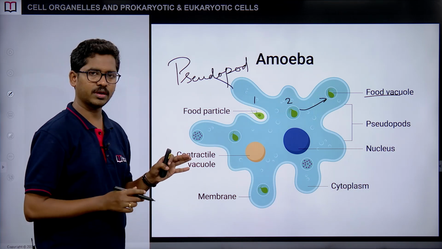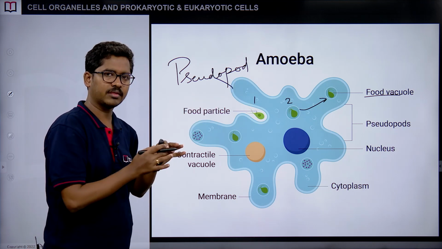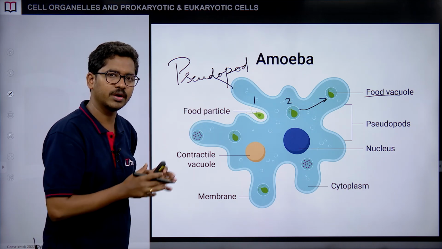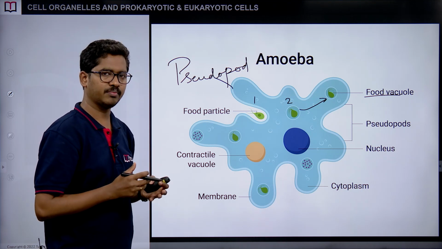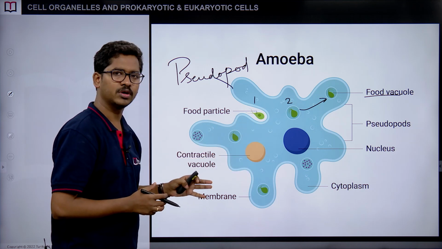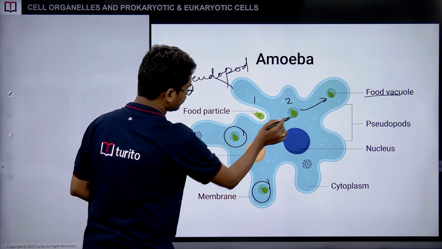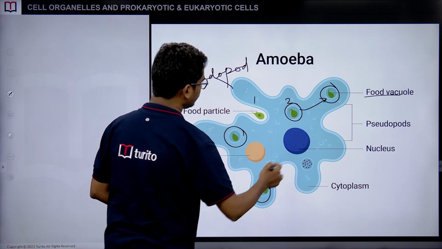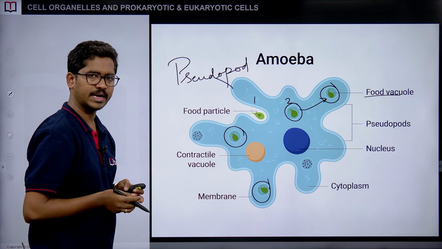So, you would see certainly it will remain in the cell of this particular organism as long as it has the nutrient component within itself. It will take some time for this organism to digest these food vacuoles which are containing food, is it not? All of them are containing some sort of food within themselves, so that has to be digested.